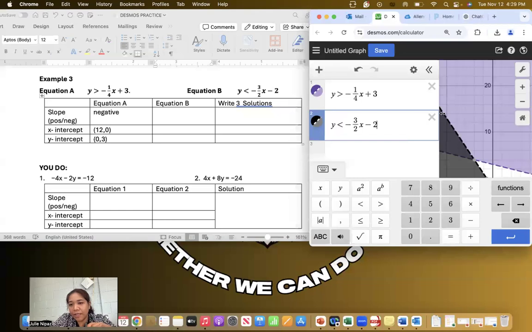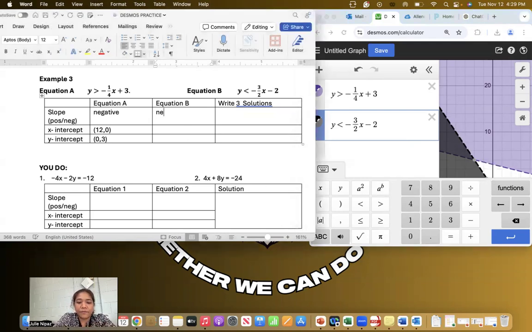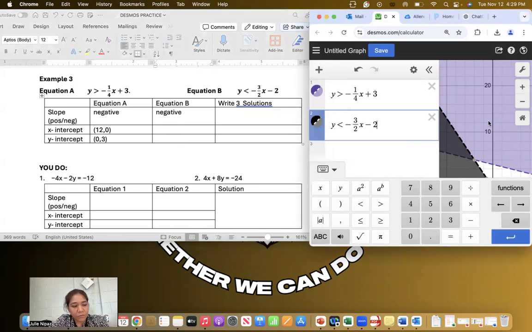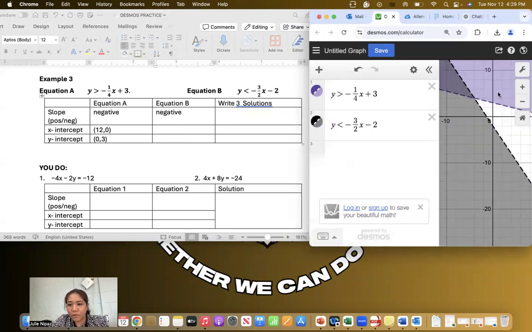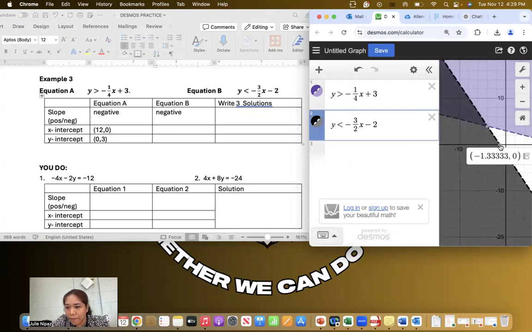So equation B, the dashed line here, tracing it from left to right, is still going down. So the slope is still negative. Okay. Next, the x-intercept is, okay, the line is passing through negative 1.3333.